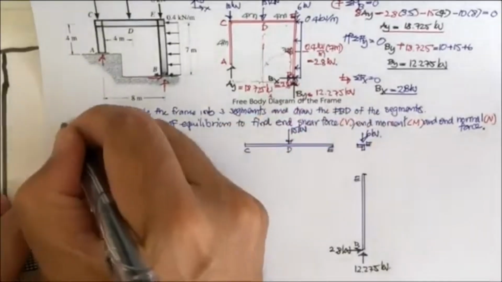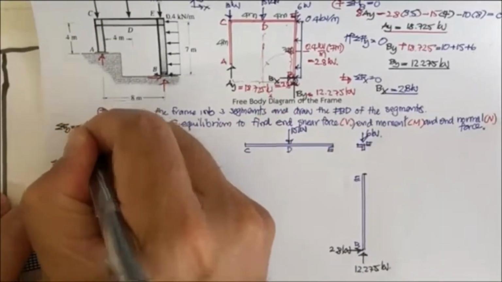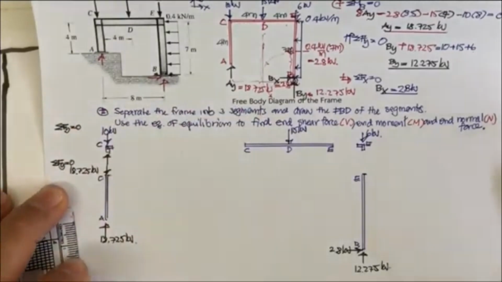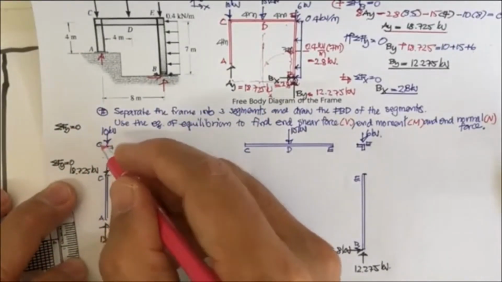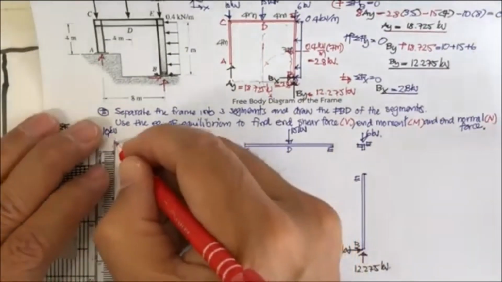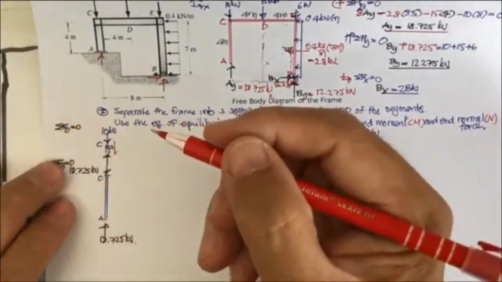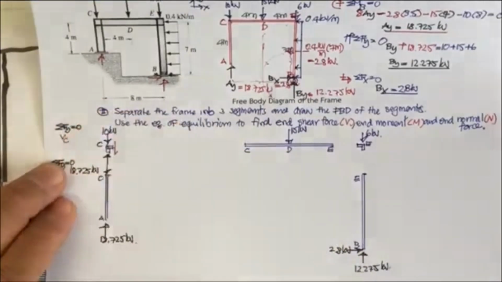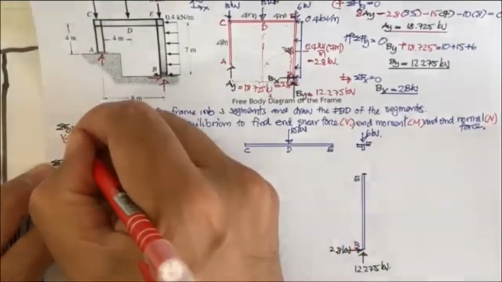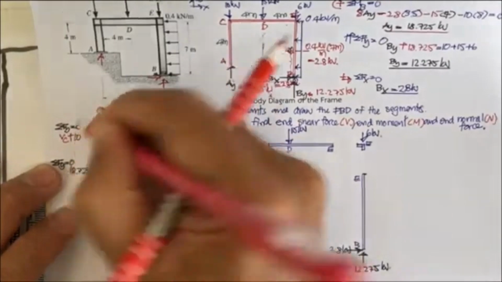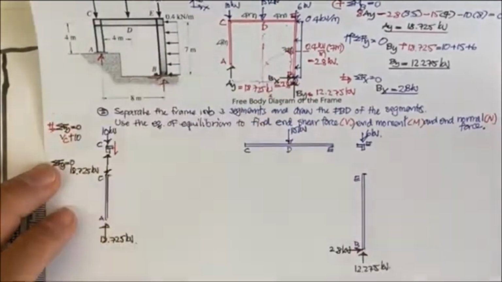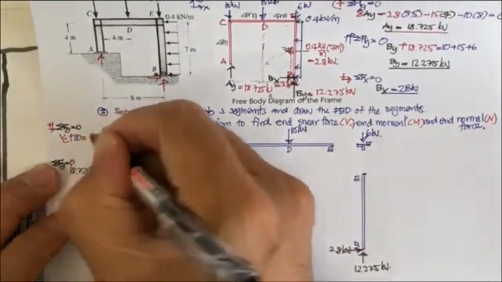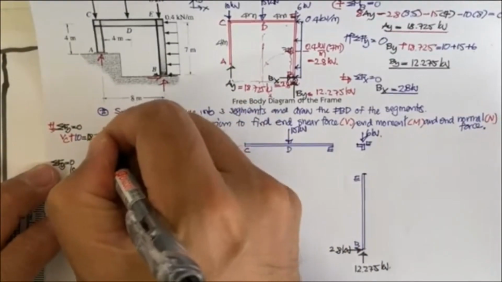If you do the summation of f sub y equal to 0, you will get 18.725 upward. So we're going to have the shear here, let's call it V sub C. V sub C plus 10, positive when downward, and this one is in the opposite direction, equal to 18.725.